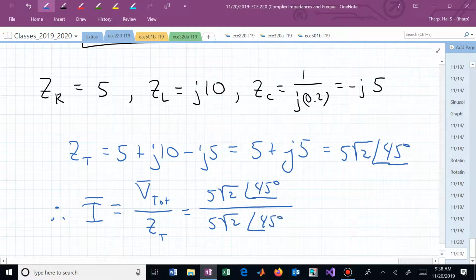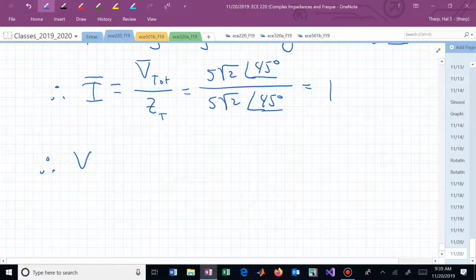I can't promise the exam questions will be this easy in terms of computing, dividing one complex number by its equivalent value. That's pretty easy to compute. Now we know that the current phasor is in fact 1 at 0 degrees.